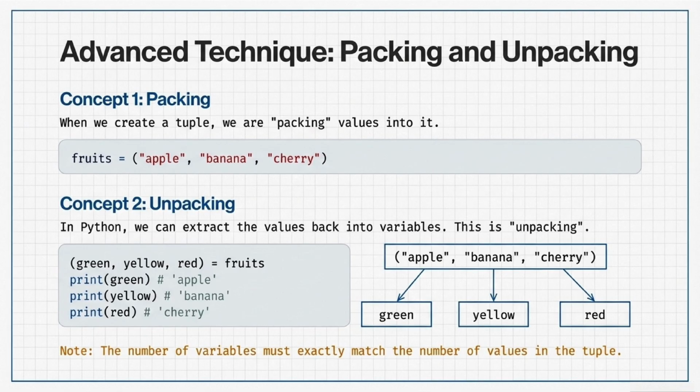Unpacking in Python allows you to assign multiple values from a sequence such as a list or tuple to variables in a single line of code. When the number of values is greater than the number of variables, Python provides a flexible solution using the asterisk.